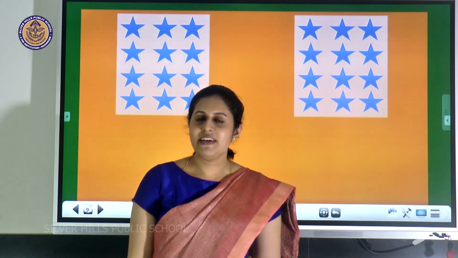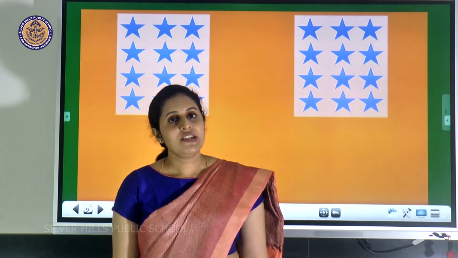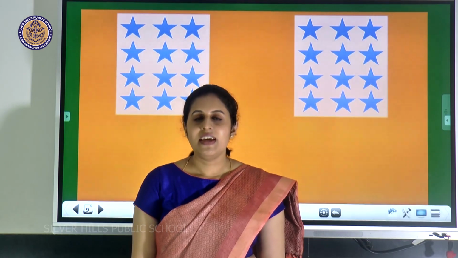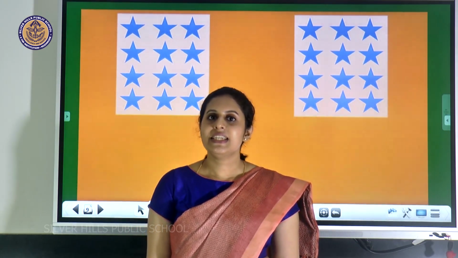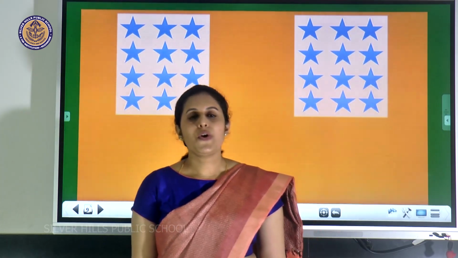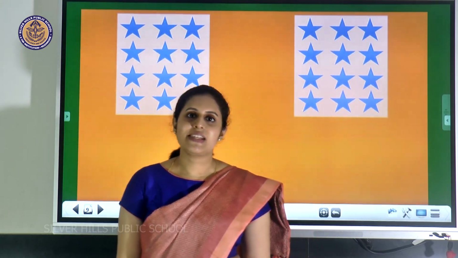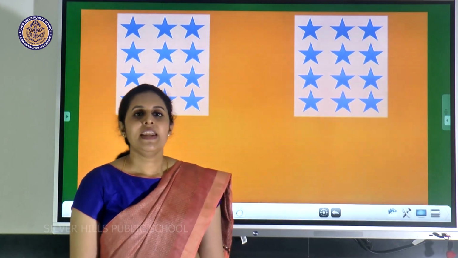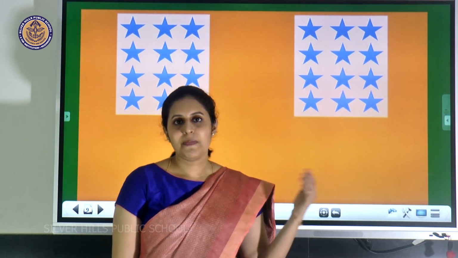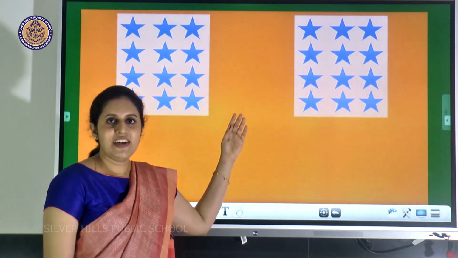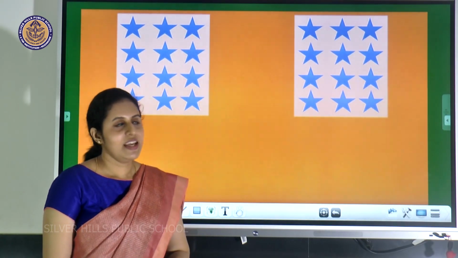Using a multiplication sentence. Which is the symbol that we use to denote multiplication? Yes, it's the times symbol. You write it like an X. All this you have learned now. Now, we are moving on to the last part of this lesson. What do you see here on the screen?